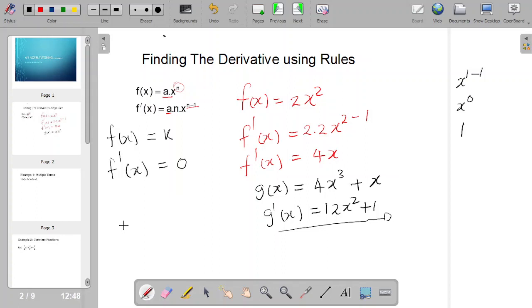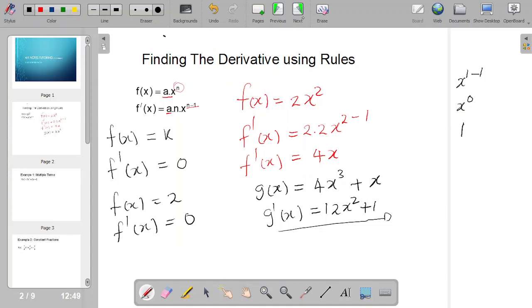So you must always remember that a derivative of just a number on its own with no variable is 0. So if I say I'm giving you f of x equals 2, then the derivative with respect to x will be 0.